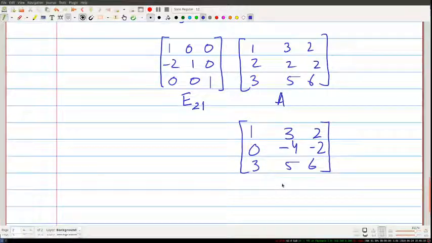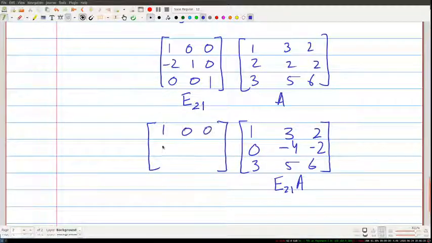And so this was E2, let's call this matrix E21 times A, because now it's not just A, it's the product of these two matrices. And now let's do the next row operation, which was preserve the first row, preserve the second row, but for the third row, minus 3 times the first row and add it to the third row. So let's call this E31.